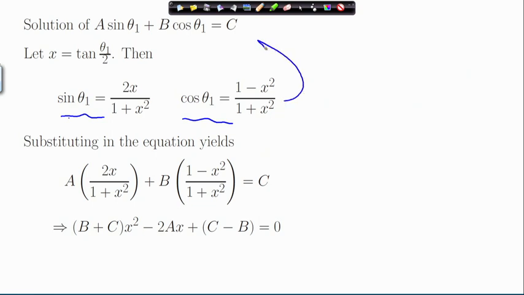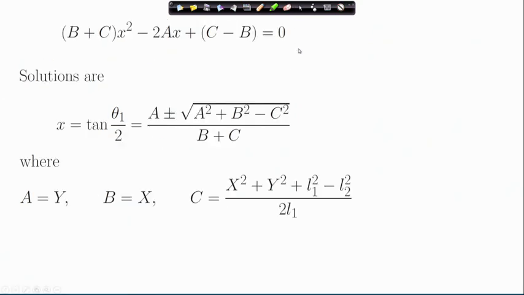These expressions when substituted into the master equation result in this quadratic equation in x, which we know how to solve. So, the solutions are given by this expression, and x is tan theta 1 by 2. So, I know how to find out theta 1.